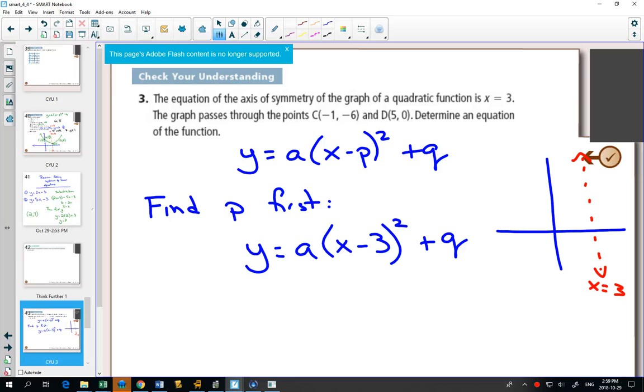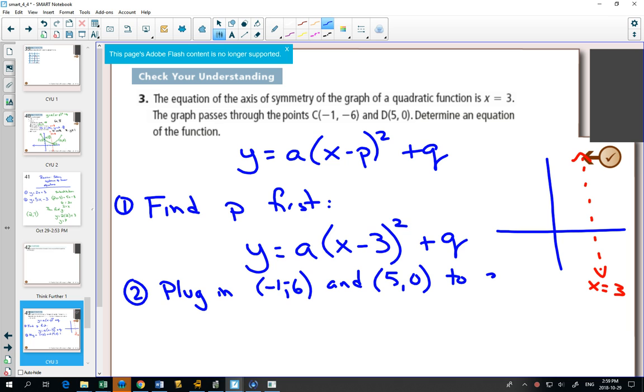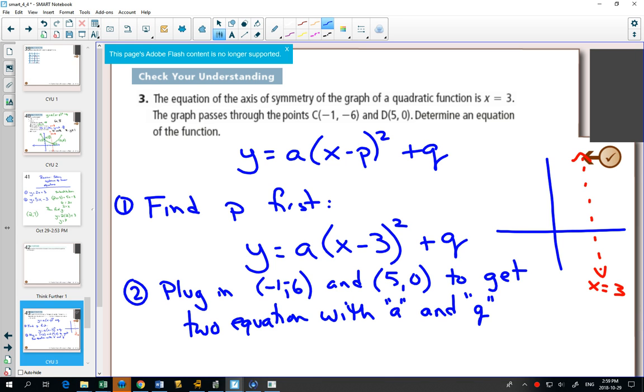So next, what we're going to do. Number one, first find p. Number two, we are going to plug in the points (-1, -6) and (5, 0) to get two equations with a and q.